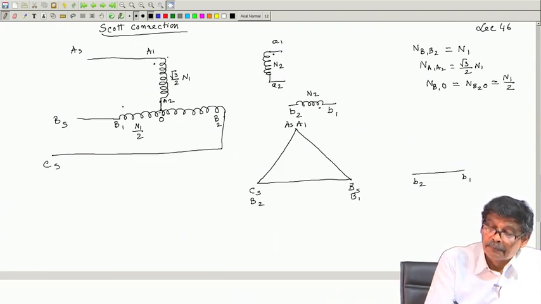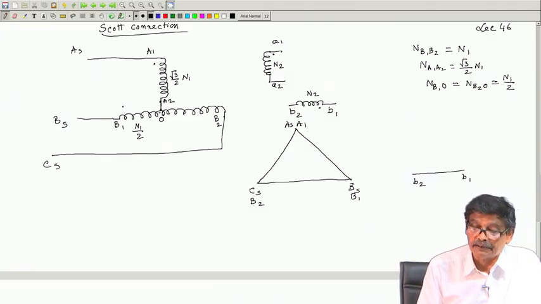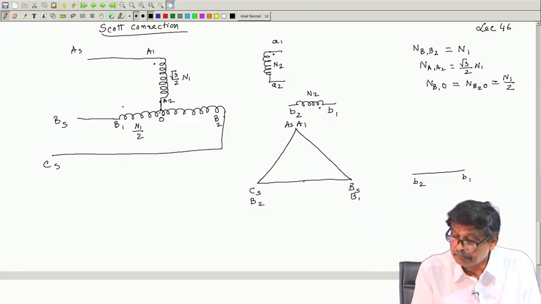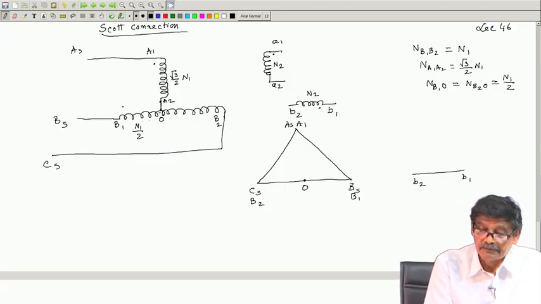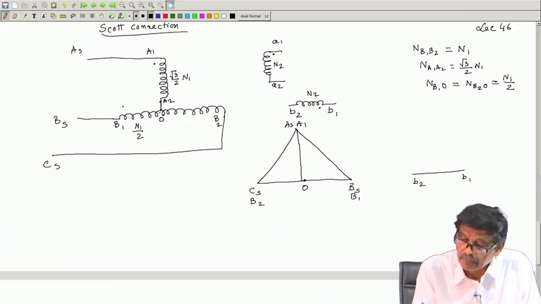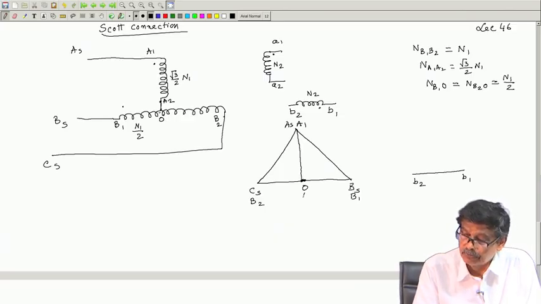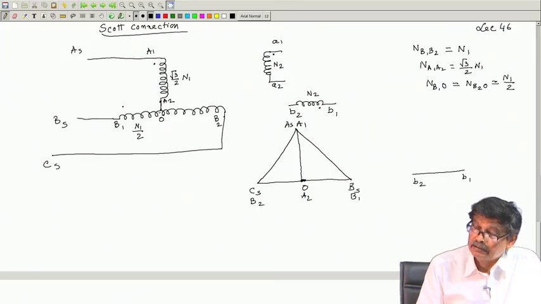Okay. Primary side, the question is what is the voltage applied across the primary of transformer A. This point, mind you, is O, because it is between BS and CS at midpoint. So, this will be O, and this point O happens to be your A2, O and A2 are same.